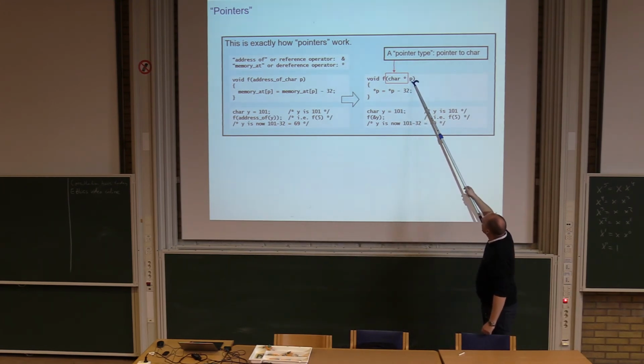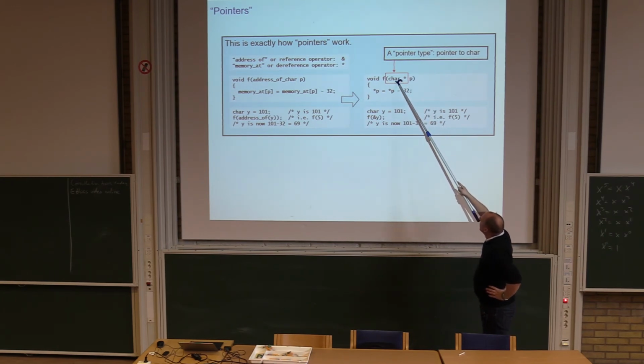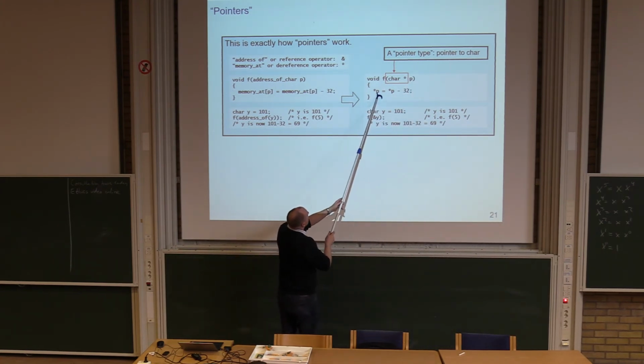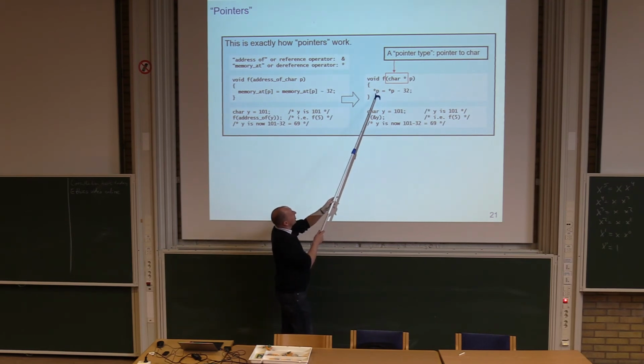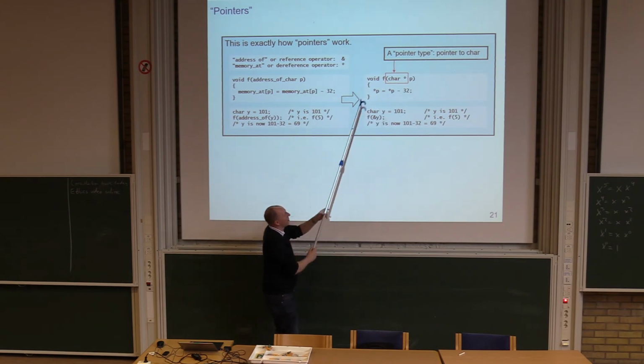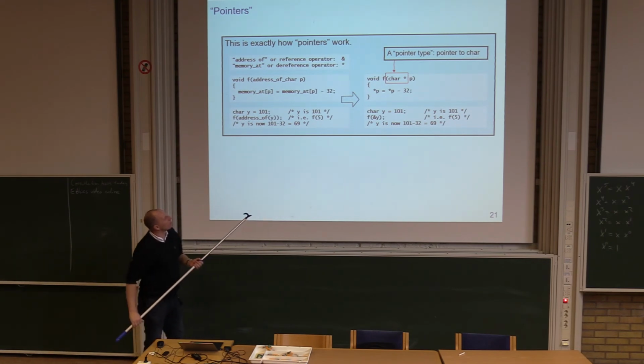So P here will be a pointer to, or P will be interpreted as an address to a character, a location where a character is stored. Since P is an address, you go to the value by putting the star in front. So now you have the value stored at address P, you decrease it by 32, and then you store it back to the same location.